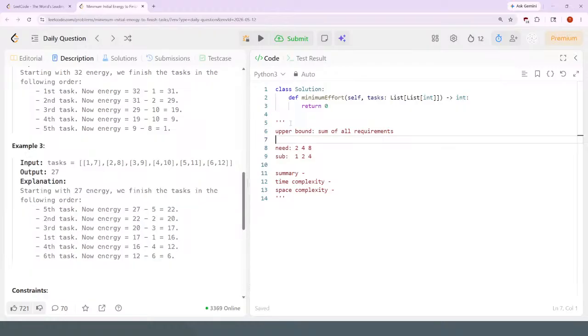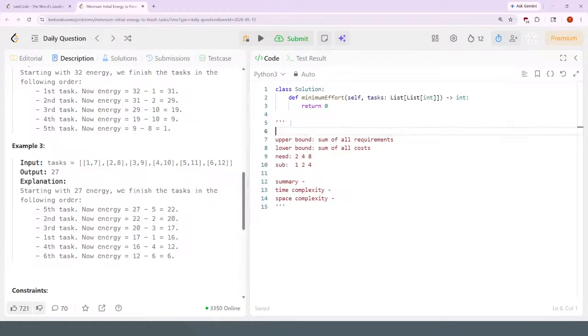Yeah, that has to be. So then what's a lower bound than that? And I guess the lower bound would be like the sum of all costs. Assuming that it's okay, let's generate a list of task costs, requirements.